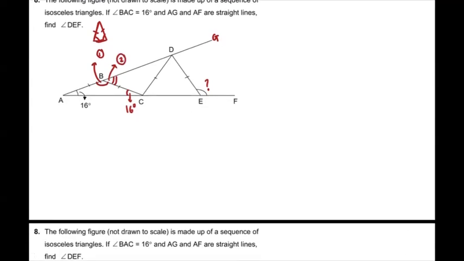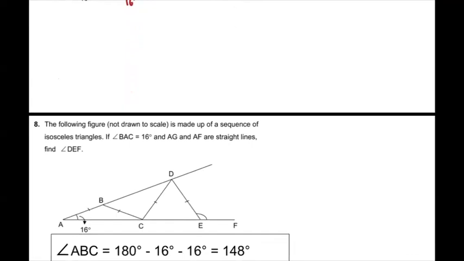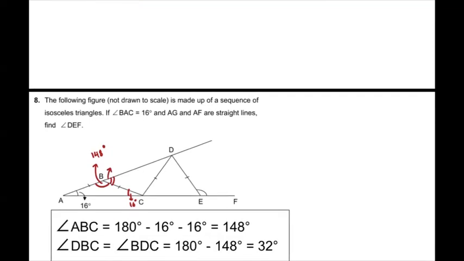Okay, so let's work it out. So your first angle, ABC, would be 180 minus 16 minus 16. All right, which would give you 148. And because AG is a straight line, therefore you should be able to find this angle here, which is 180 minus 148, which would give you 32.